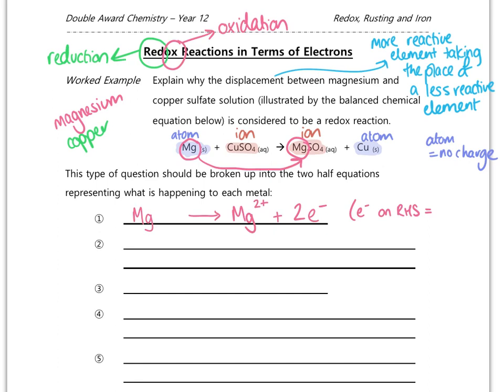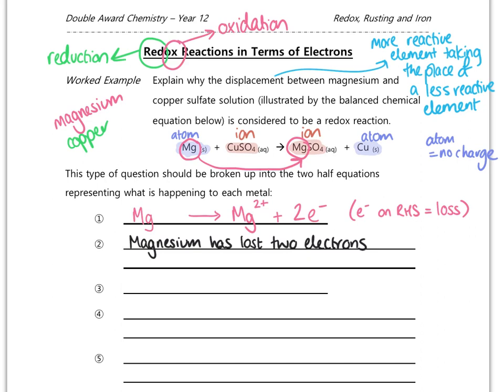Are they being gained or are they being lost? They are being lost. So electrons on the right hand side means loss of electrons. Magnesium has lost 2 electrons. So you're literally putting your half equation into words.